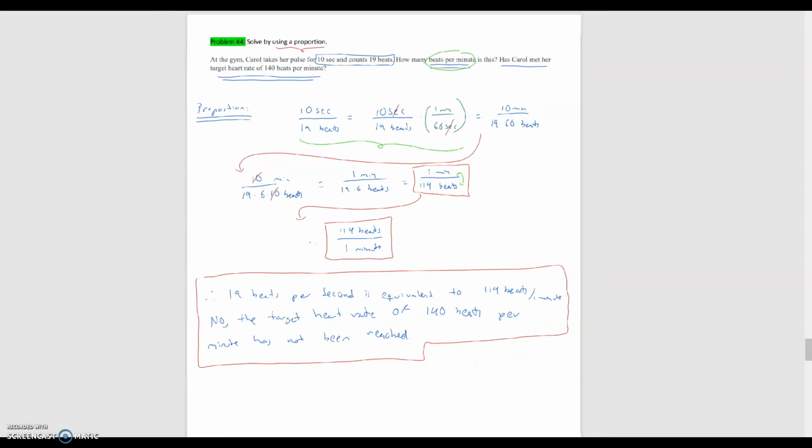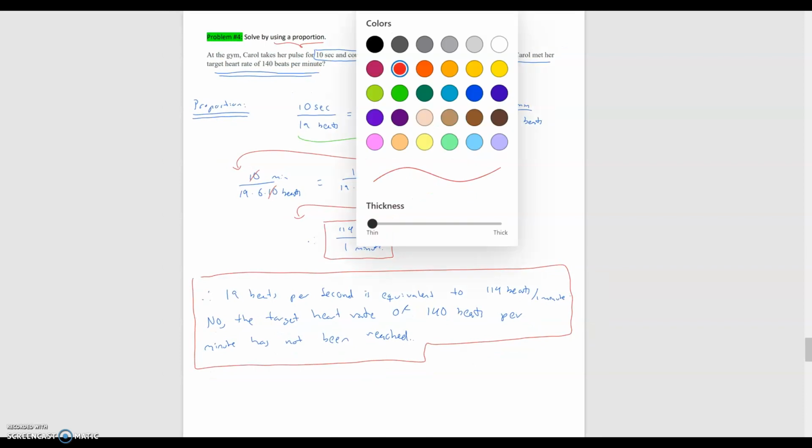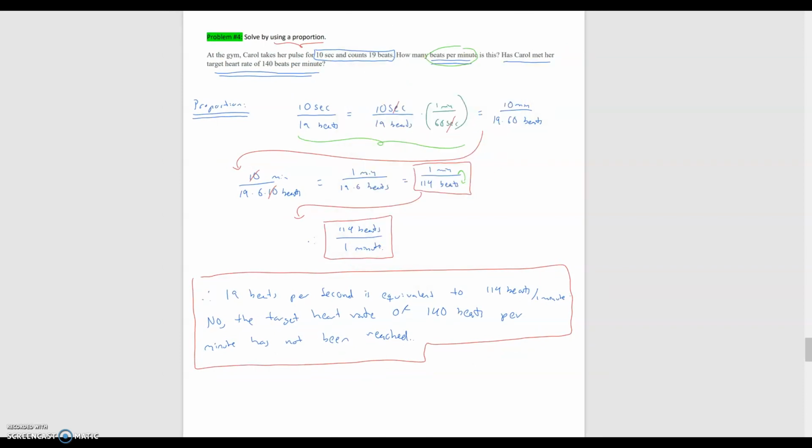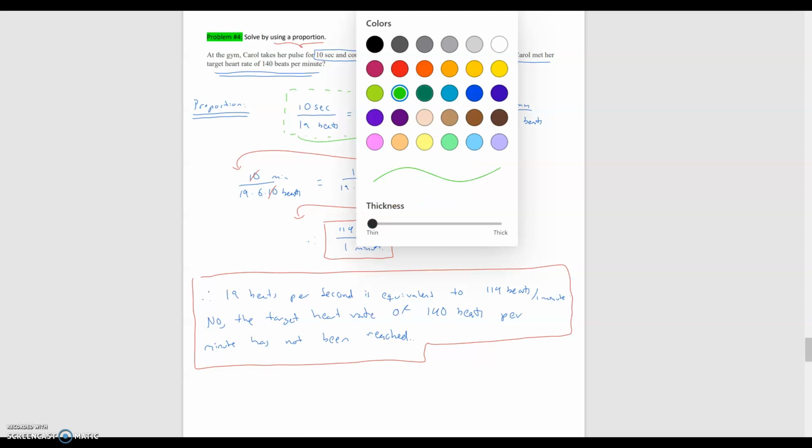And once again, the proportion that they're asking us here to set up is a proportion of units. We're going to be doing these in a different module as well, where you're basically setting up two fractions. In this case, it's actually the same fraction equaling itself, but with the addition of this step.